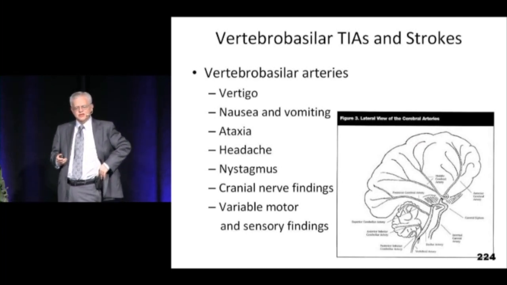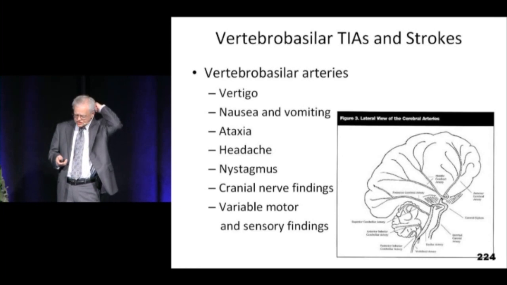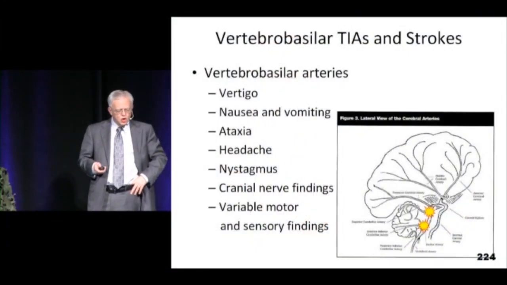The vertebrobasilar system, as we talk about, going right down the center of the basilar artery, it glues to the back of the brain stem. It's glued there. So you frequently get both sides affected, not one side. Often you get symptoms such as ataxia, headache, nystagmus, cranial nerve findings.